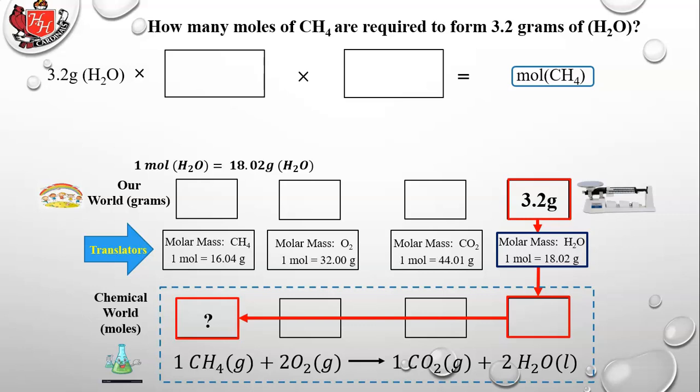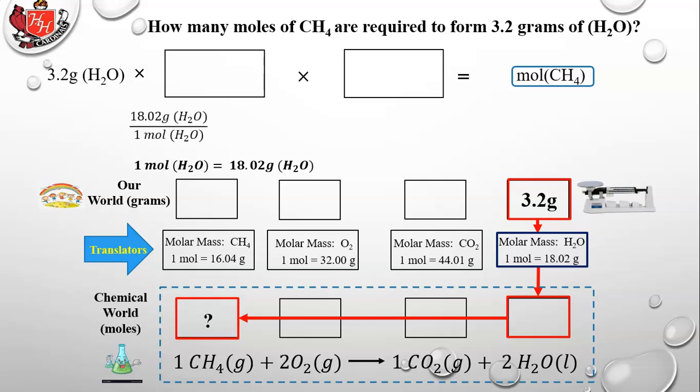Just look at your periodic table for atomic mass, or we're going to now call that molar mass. And each hydrogen is 1.01, and there's two of them. So that's 2.02 for hydrogen. So 2.02 plus 16 equals 18.02. So a mole of water molecules is 18.02 grams. Again, you just use your periodic table to come up with these molar mass conversions.